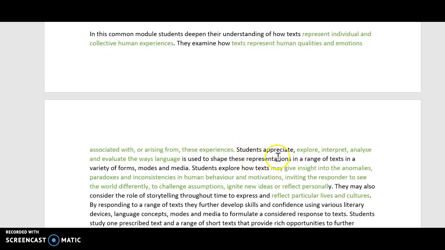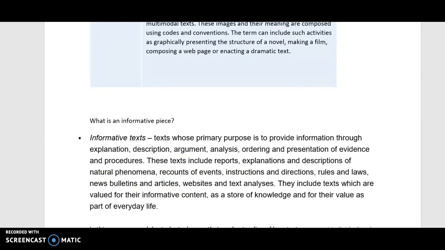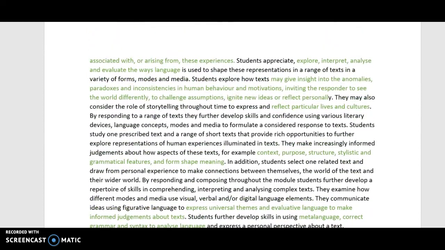Students appreciate, now look at these words, they appreciate, explore, interpret, analyse, and evaluate the way language is used to shape these representations. Just as in the information text, up here in our definition, it's got these words here, so too are those words replicated down here.